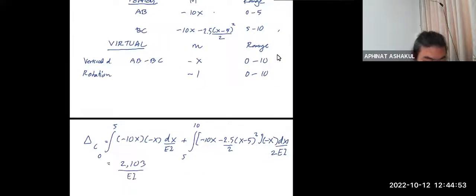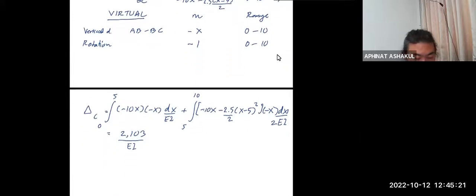And the final result is positive, meaning that the vertical deflection is in the same direction as the application of my virtual unit load.